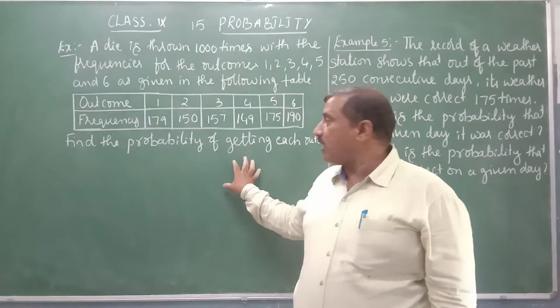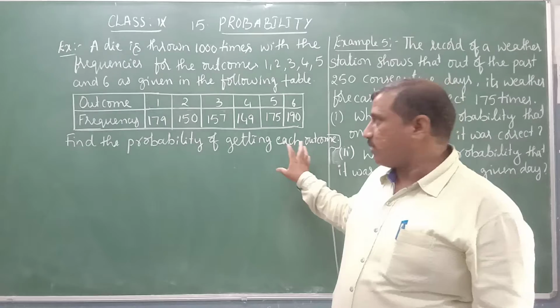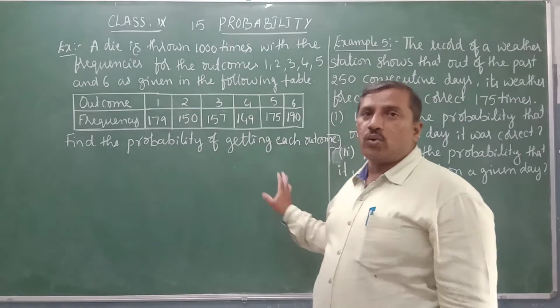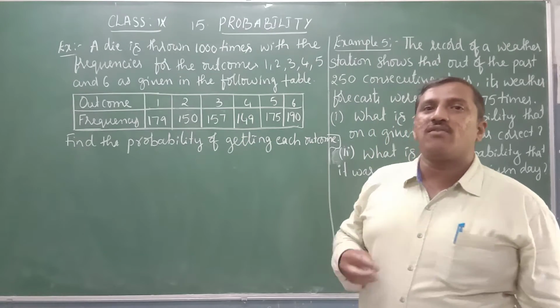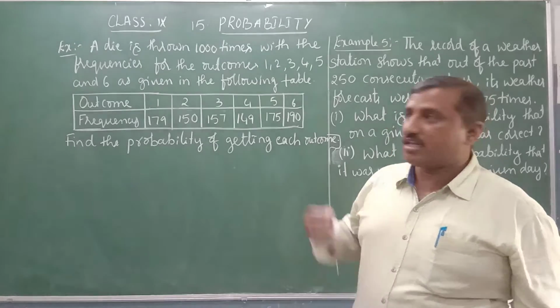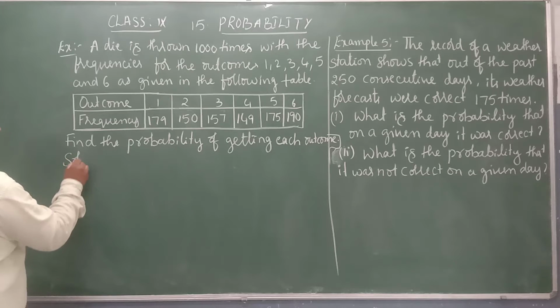Find the probability of getting each outcome. That is, find the probability of getting 1, 2, 3, 4, 5 and 6. For the 6 outcomes we have to find the probabilities.